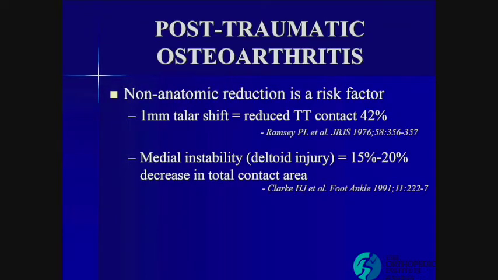Now, again, referencing an article that shows 1 millimeter of talus shift causes reduced contact stresses at 42%. We've seen that data before. And also the medial instability, the deltoid ligament, deep deltoid to be specific. If you have an injury of that deltoid ligament, you decrease contact stresses about 15 to 20 degrees.